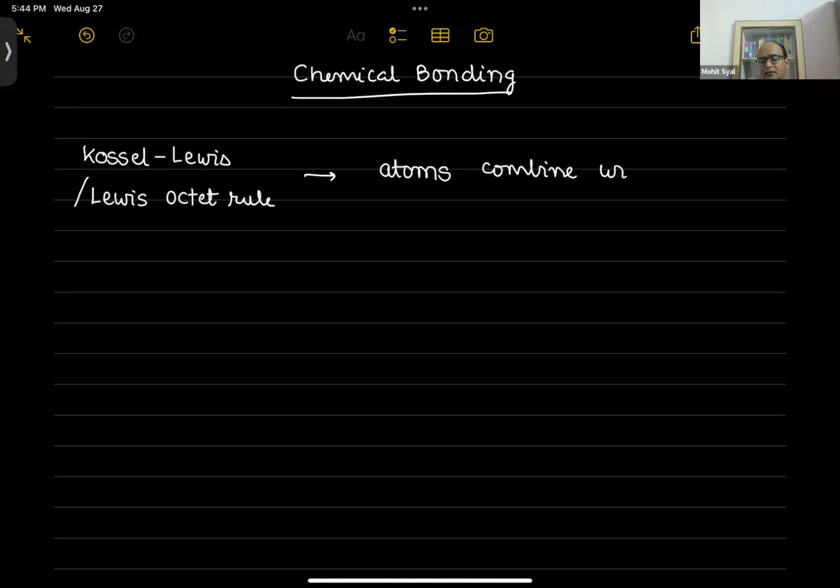Atoms combine with each other to form molecules, so that their octets get completed.